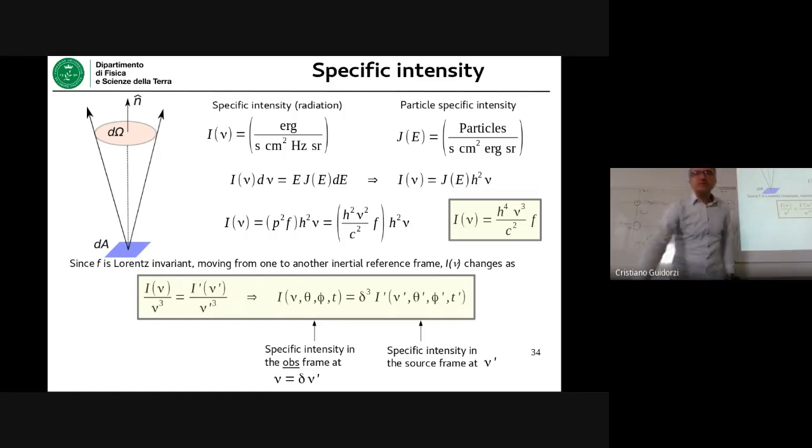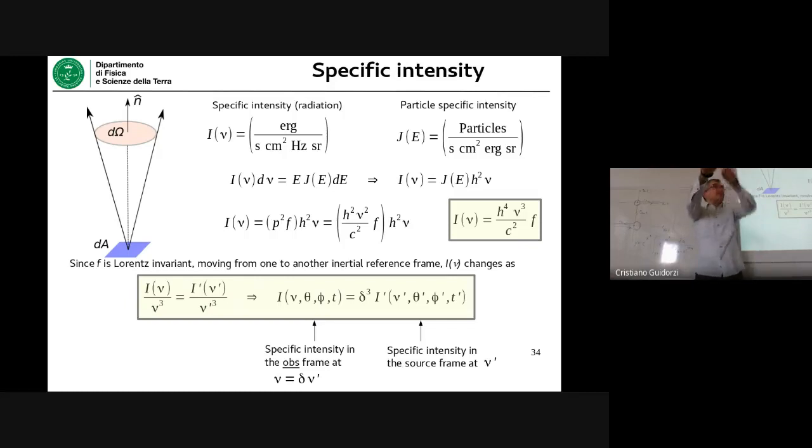So if you move from the co-moving source, I prime, to the observer frame, if the Doppler factor is larger than 1, there is a boosting. If I am the source moving towards you and I emit a photon, in my reference frame you will see this photon pointing very close to my direction of motion. The solid angle d omega prime becomes d omega prime over delta square, so much smaller.